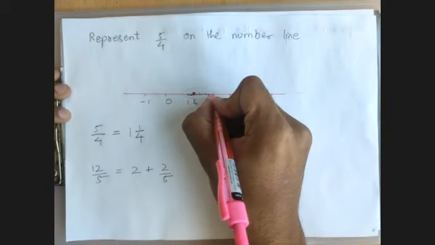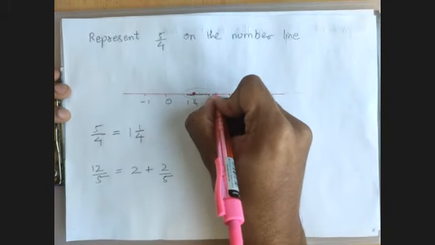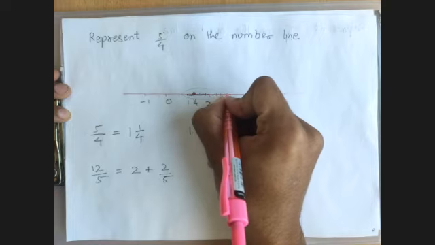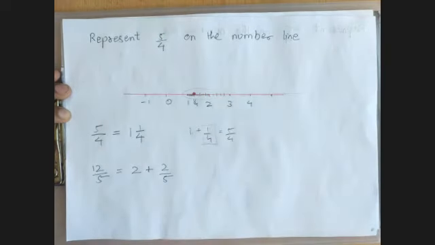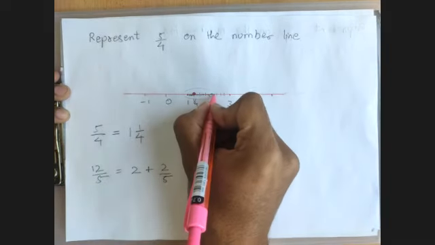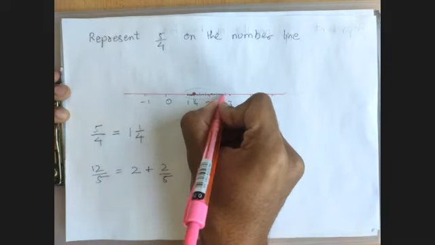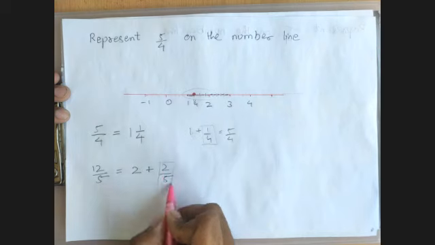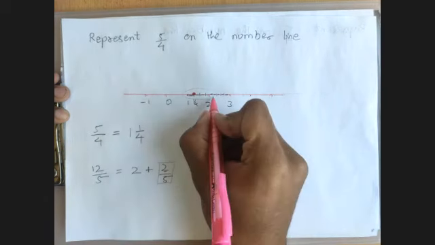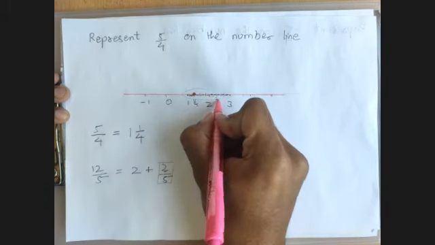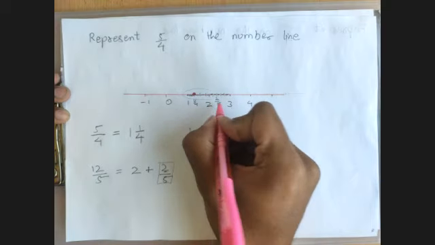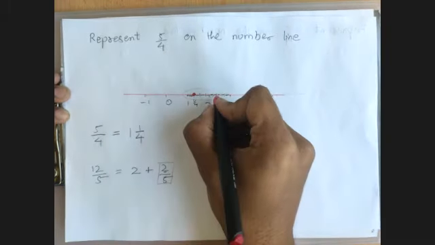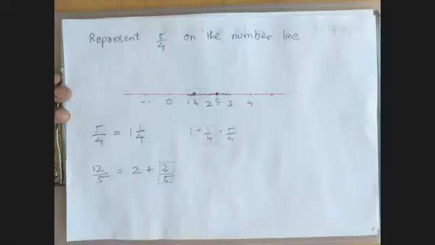So I have to divide this into 5 parts. This is the first part, the second part, the third part, the fourth part, and fifth part. I have divided that into 5 equal parts. And this is on the second part. So this is 2/5. So the point which I wanted is this.